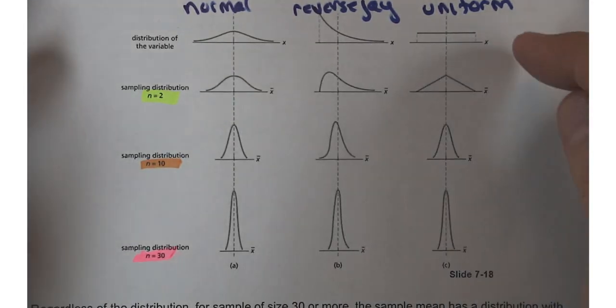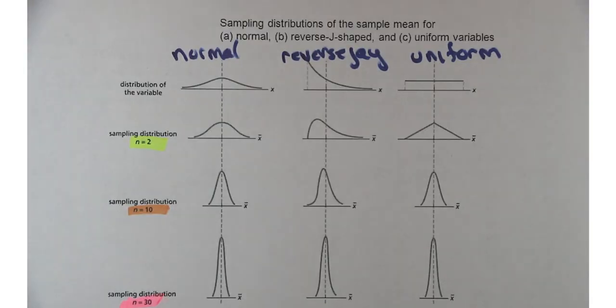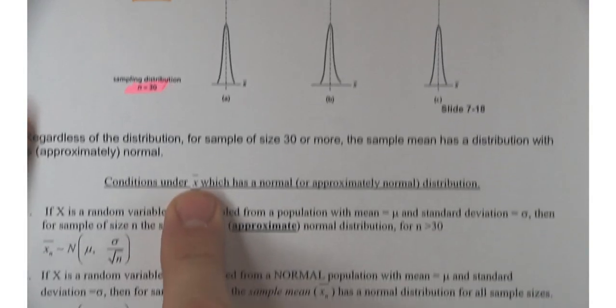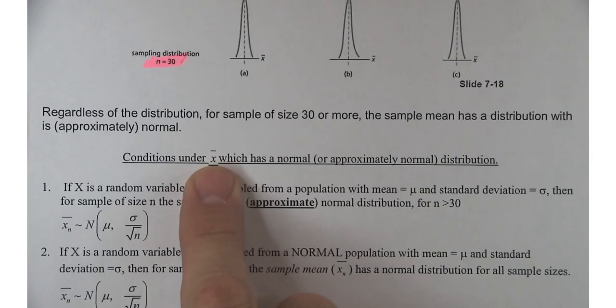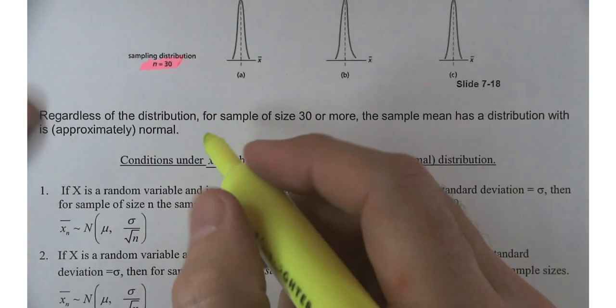What that's saying, and what I've been trying to hint at all along, is that for this random variable, there's 2 conditions under which this random variable is going to have either a normal distribution or an approximately normal distribution. So X bar is a random variable.